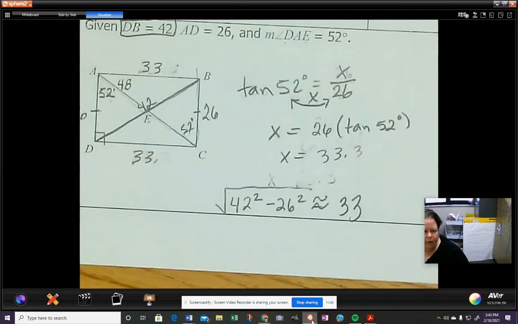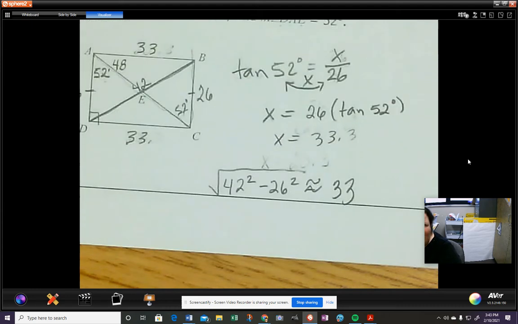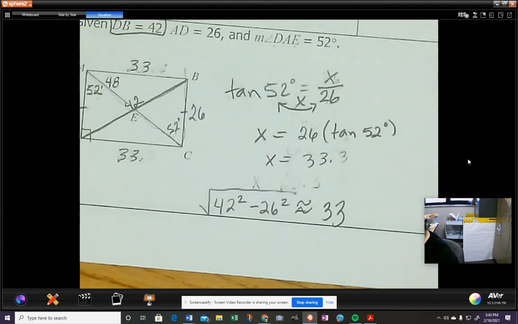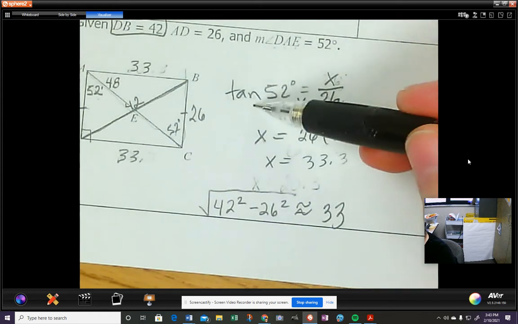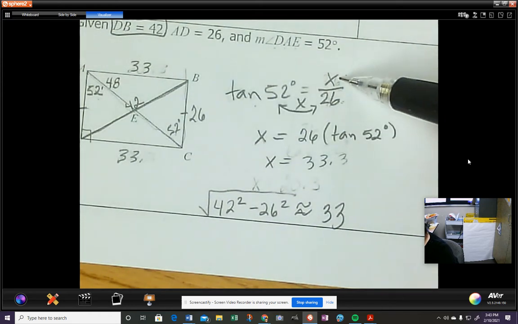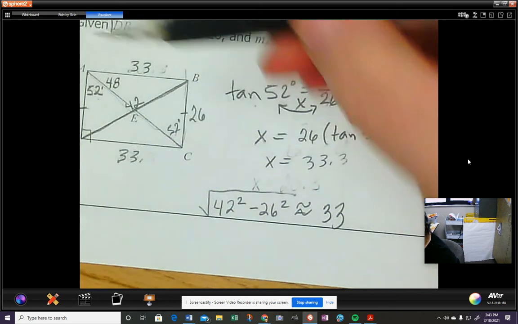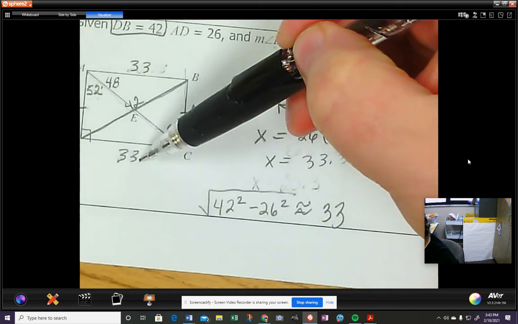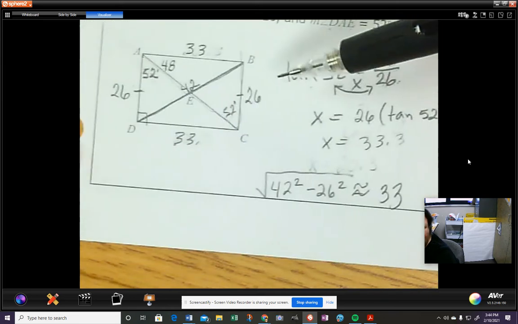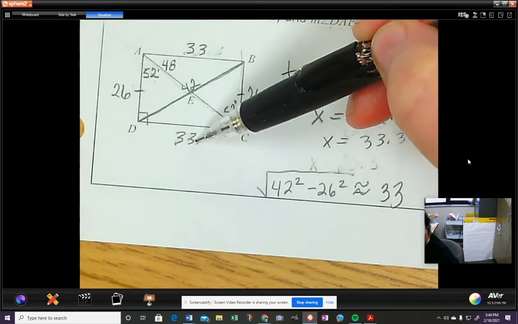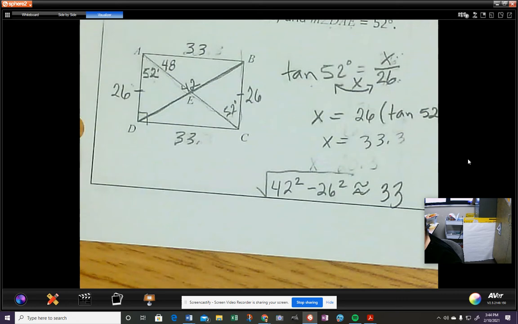Okay, folks. So I rewrote this problem. I messed up originally. I had it switched. So I rewrote it. Tan 52 equals x over 26 because it is opposite, which was x, over adjacent.